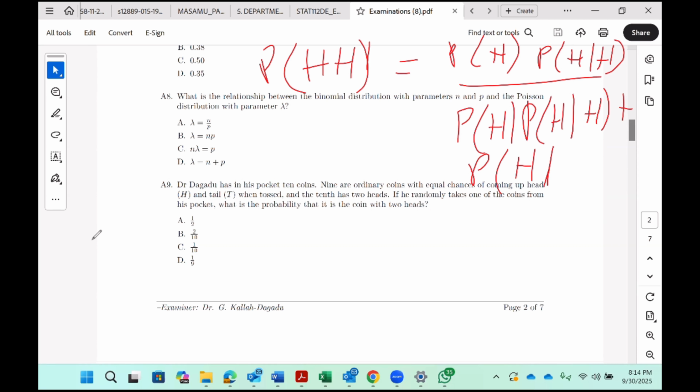The denominator is times the probability that what? Okay.